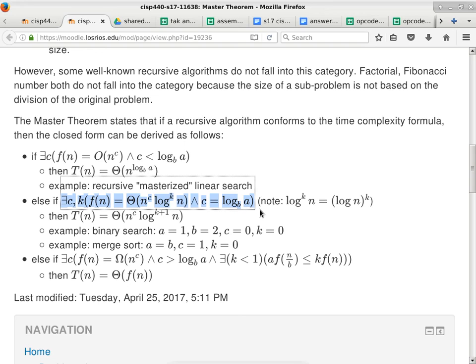But the first branch, isn't that going to be n squared? But we couldn't fit the requirement. In other words, we could not meet that requirement. Not that one, the data into the C log to K n. If K is 0, then the whole thing's going to be 1.